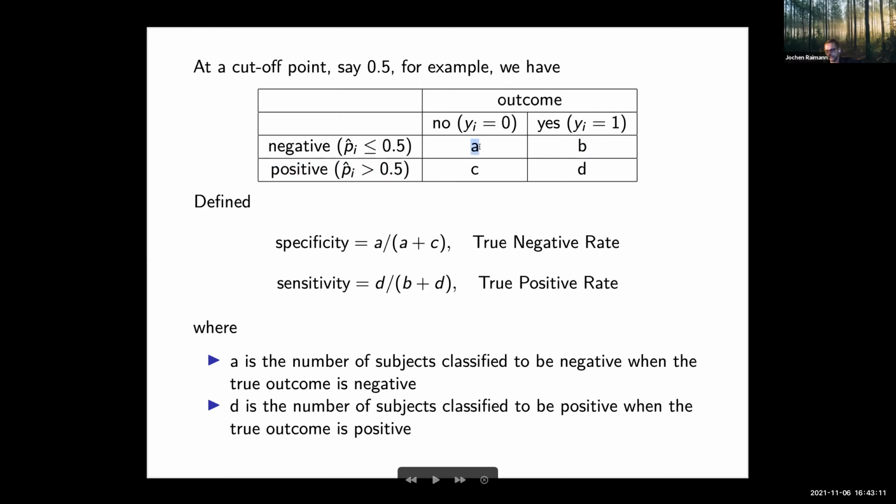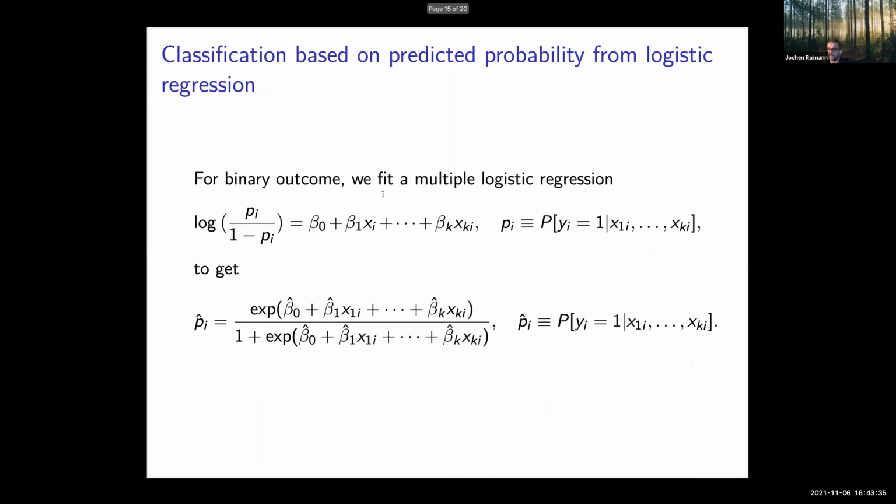Analogously, you have your true negatives as the A, and your false positives here as your C. In the same fashion, this is how you will judge the diagnostic accuracy of the logistic regression that you have built here using the prediction of your delta and your p hat i.